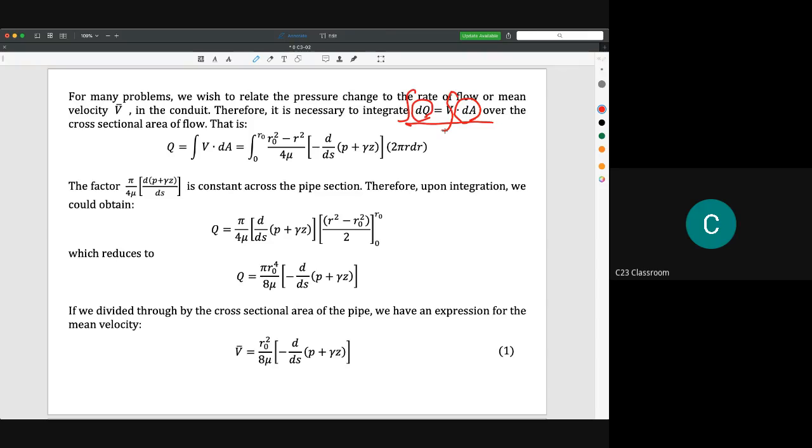We assume that the integration of dq gives us Q, the total flow rate. So it is the integration of v times dA, as shown here.